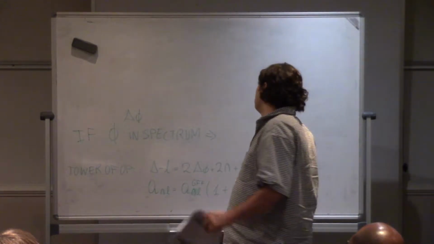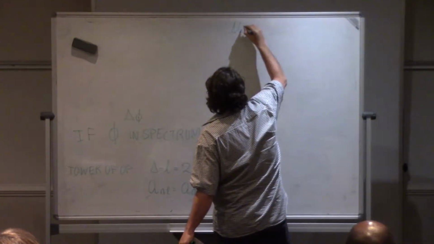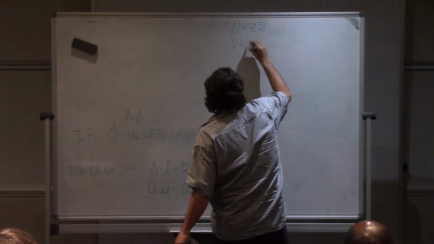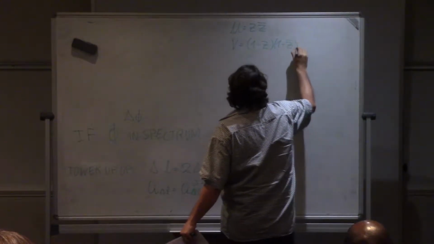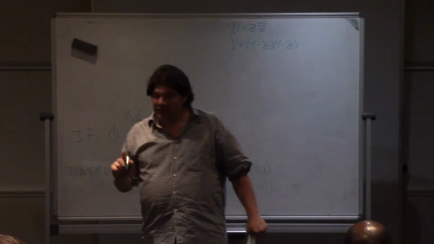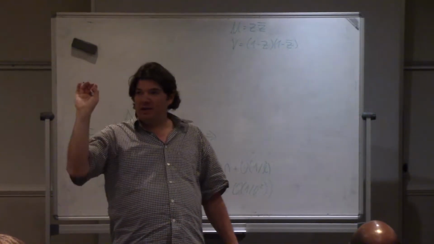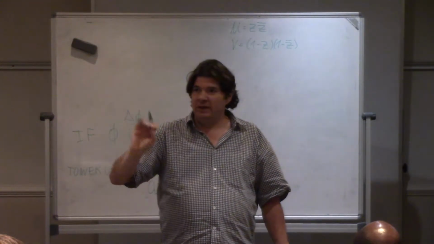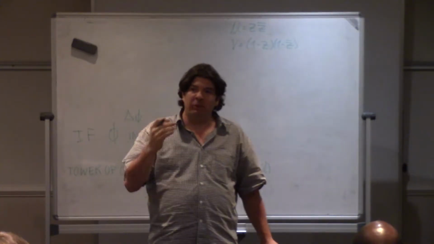I can tell you quickly now: you can introduce coordinates in which U is z z bar and V is (1 minus z)(1 minus z bar). In Euclidean signature, z and z bar are complex conjugates of each other, and you can study the point at which z and z bar are equal to 1/2, that is, U and V are equal to 1/4. That's the Euclidean approach, and that's what people do.